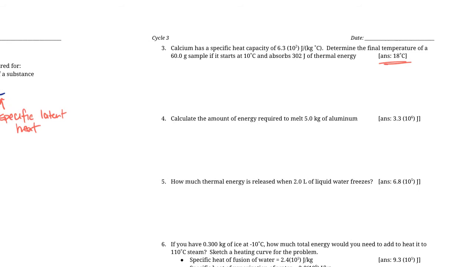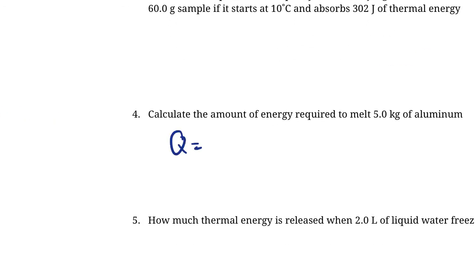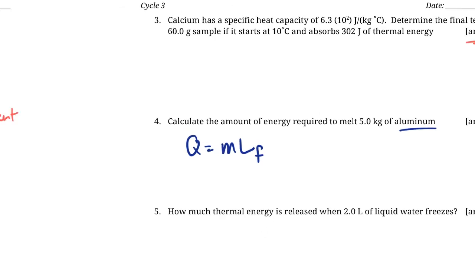So for example, 4 here. Calculate the amount of energy required to melt 5 kilograms of aluminum. So we know we're going to use the equation Q equals mL, and melting, another name for melting, is fusion. So that's our formula. We know it's going to be aluminum, and we know we have 5 kilograms of it. So we know the mass is 5. That's pretty straightforward.